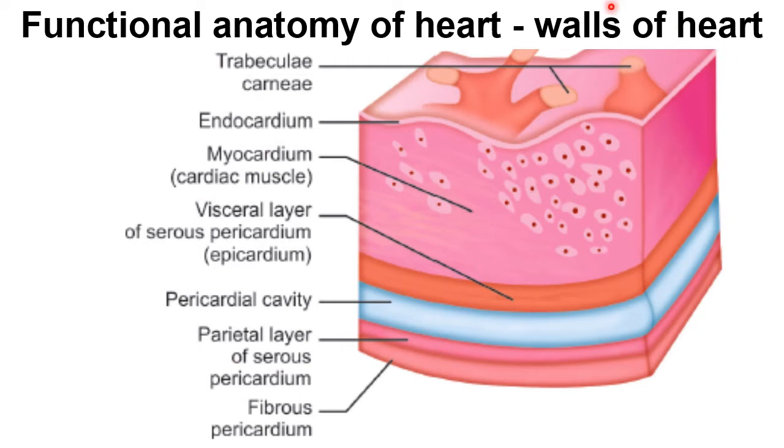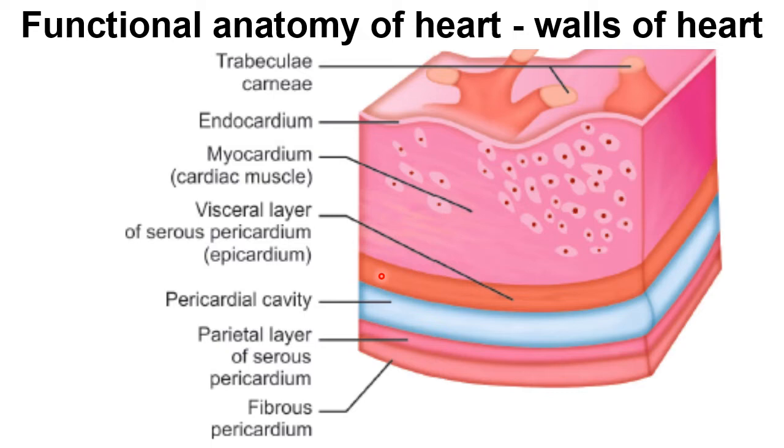Now moving on to the structure of wall of the heart. The wall of the heart from outer to inner consists of following structures. The outermost covering of the heart is called pericardium. Now pericardium has got two layers.